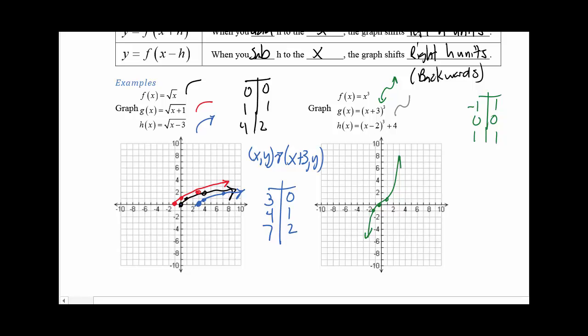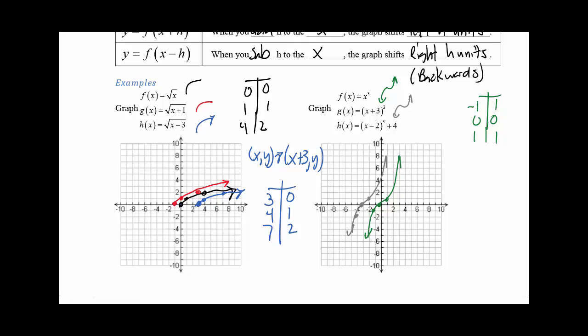Here I'm going to go with gray. The +3 says not move 3 to the right, but move 3 to the left. So it's going to come back here to -3. It'll be that first point. This one will come back to -2, and that'll come down to -4. And then I just follow the curve.